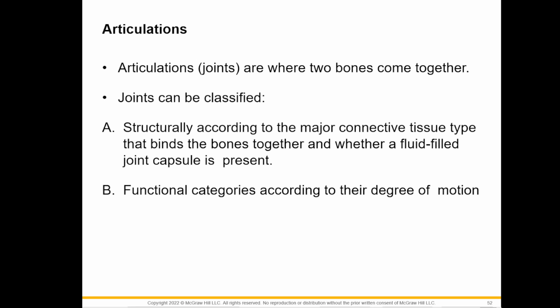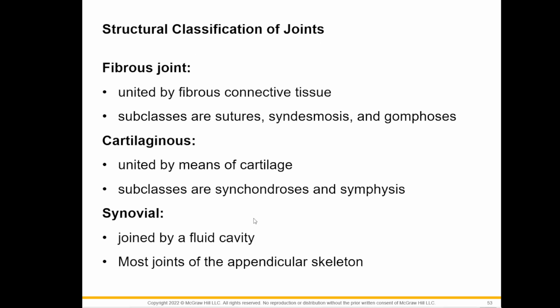So when we say joints are classified by structure, we want to determine what type of connective tissue joins the bones together, and if there is a fluid-filled capsule present in between those two bones. But in functional categories, we are talking about the degree of motion, if the connection between two bones is movable or not. So first, by structural classification.